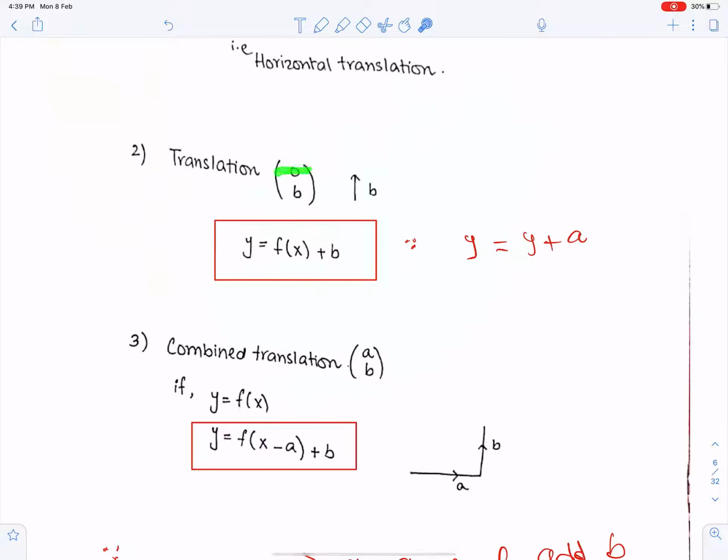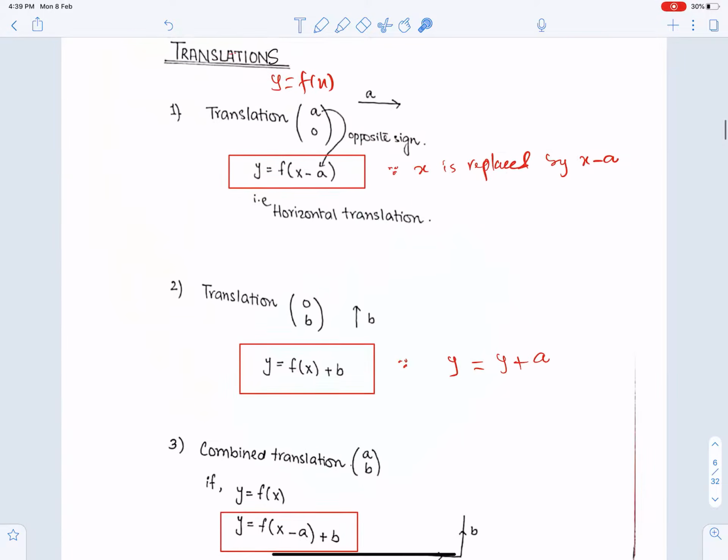Since the horizontal component of this vector is 0, therefore this translation can be called as the vertical translation, or just translation with vector 0b, because there is only vertical movement, b units up. So if this is the equation of the object, so by adding b here, we can get the equation of the image.